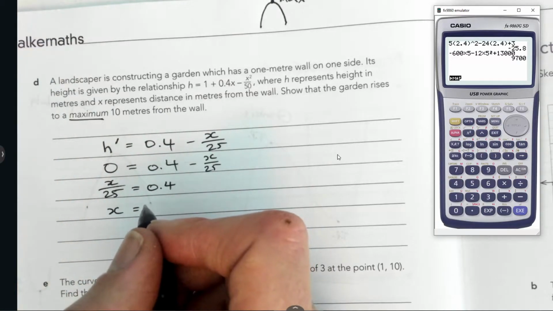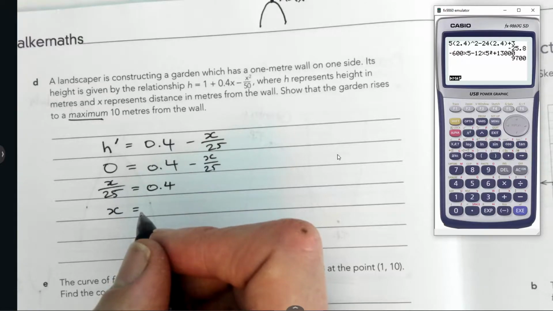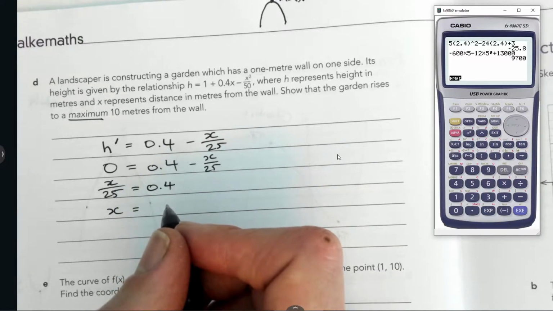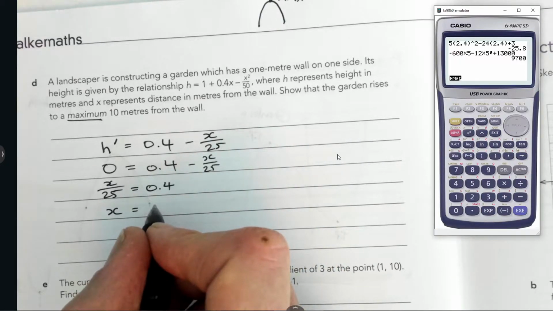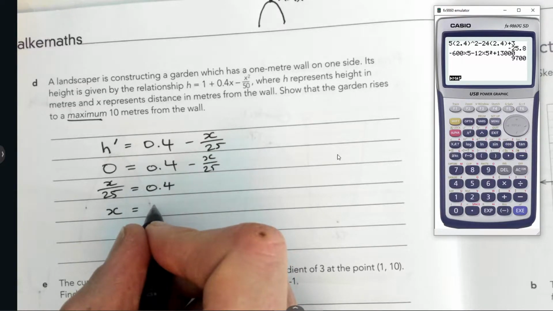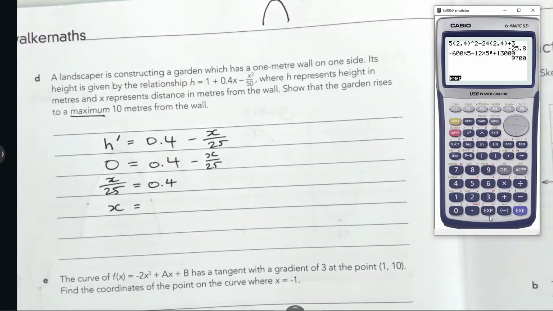That's got to be something nice. Come on, brain. 25 over 4, 12.5, 6.25, 62.5? Oh, what am I doing wrong here? 6.25. Does that make sense? Yeah, I reckon it's 6.25. Don't trust my brain right now. 0.4 times 25.